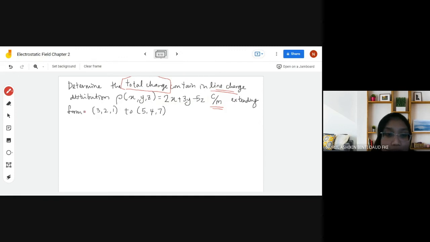Okay, extending from this one coordinate, 3, 1, 5, 4, 7. Okay, so let's draw the diagram first.